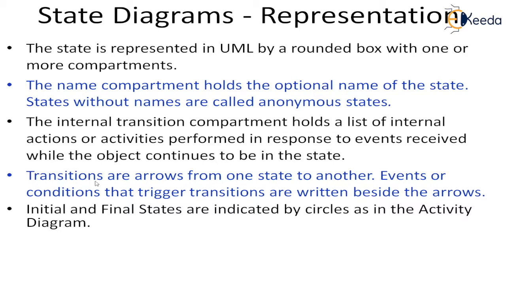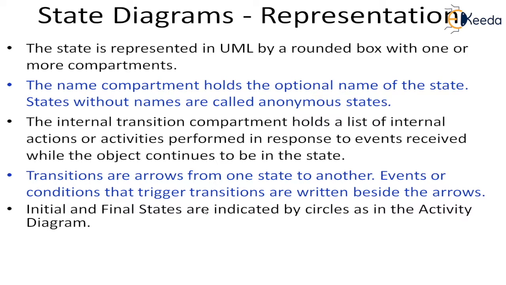Then transitions are arrows. To denote that transitions are happening, we will use arrows, and they point from one state to another state. These arrows denote that a state can change, for example, when this state can go to state 2. The events or conditions that trigger the transitions are written beside the arrows.